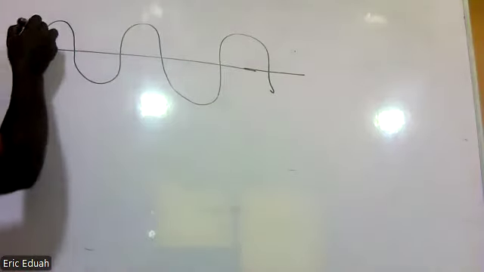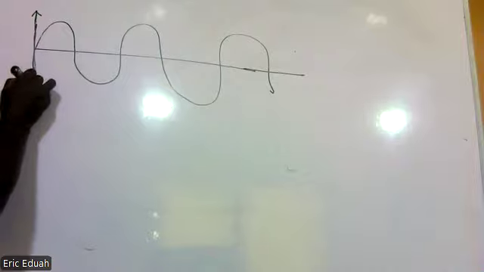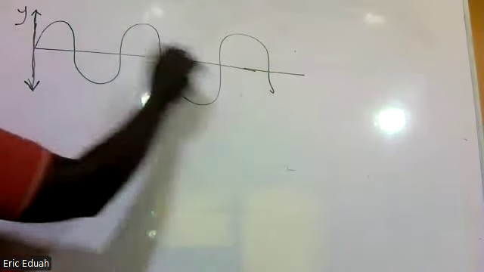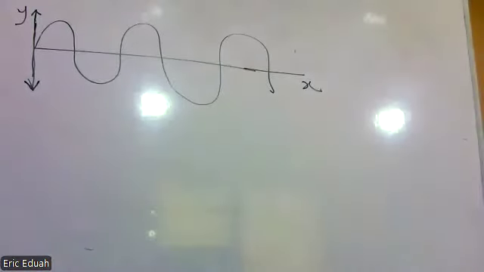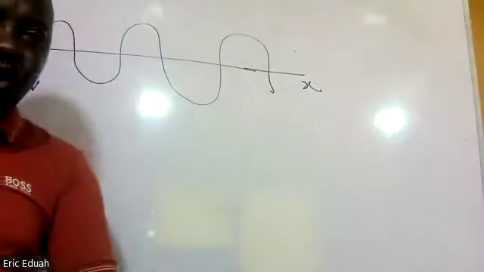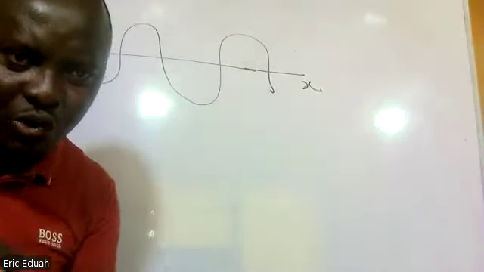Mathematically, what is the equation? So that this is y against x or t. Okay. So the wave must also have its mathematical relation or equation.